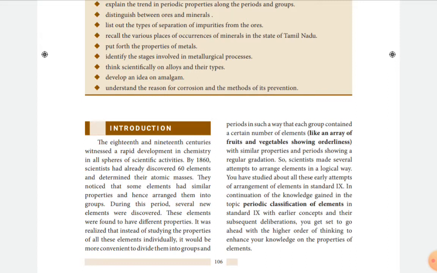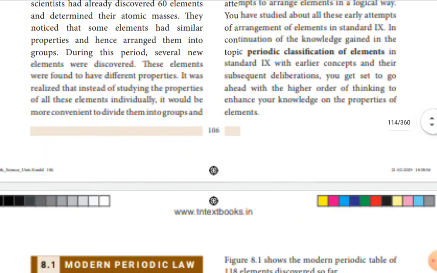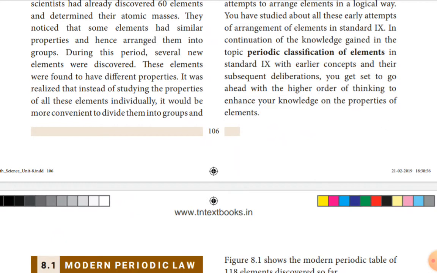Metallic radius, in metal atoms, is half the distance between the nuclei of adjacent metal atoms. Covalent radius, mainly for non-metallic elements, is half the distance between the nuclei of two covalently bonded atoms of the same element in a molecule.